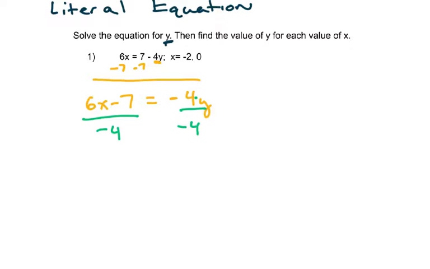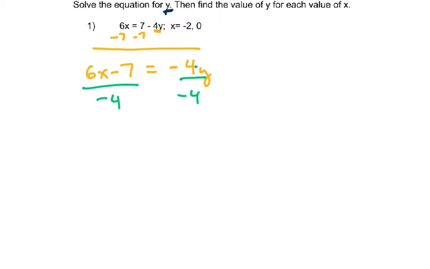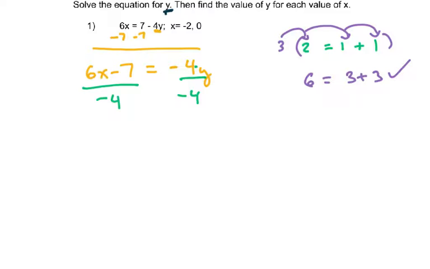Now, very important, when you divide by negative 4, anytime you multiply or divide, the fancy term for this is scalars. Basically, if you amplify or minimize every single value by a certain amount, the equation retains its validity. So if I have something like 2 equals 1 plus 1, and I decide that I want to multiply everything by 3, I would get 6 equals 3 plus 3, and that would still be true, right?